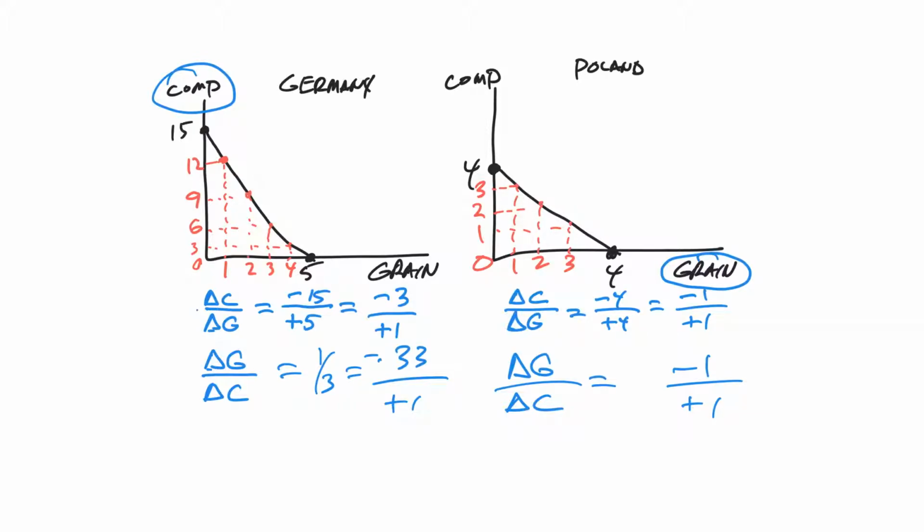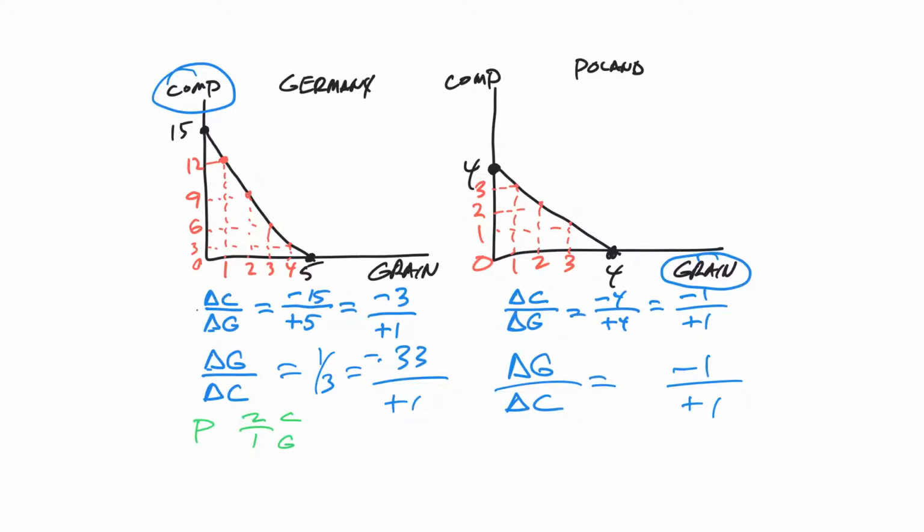Now the question says, what if they settle on a price of 2 computers for 1 unit of grain? So this is the price. 1 unit of grain trades for 2 computers.